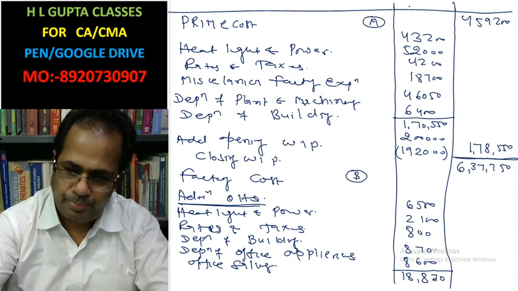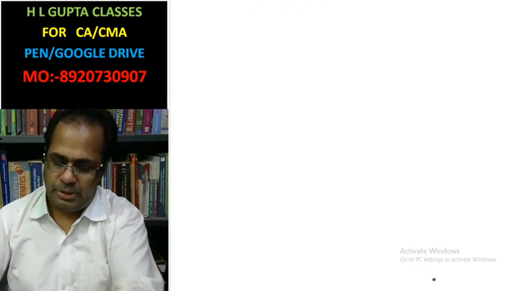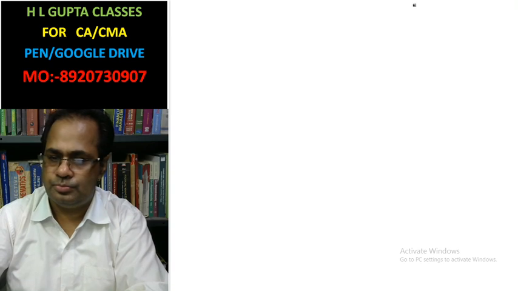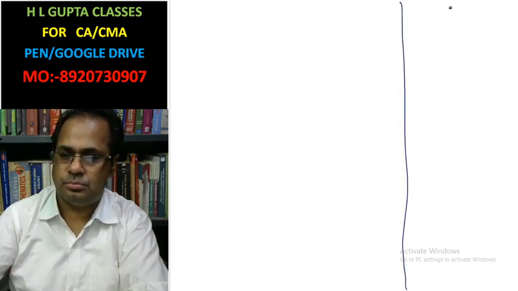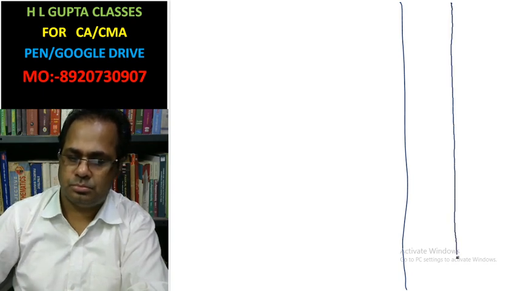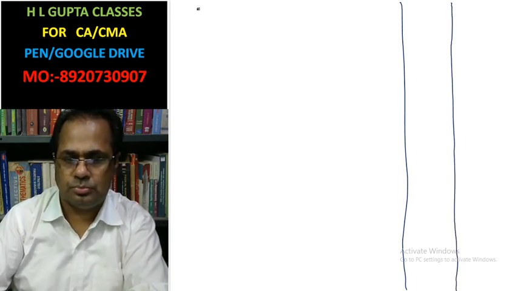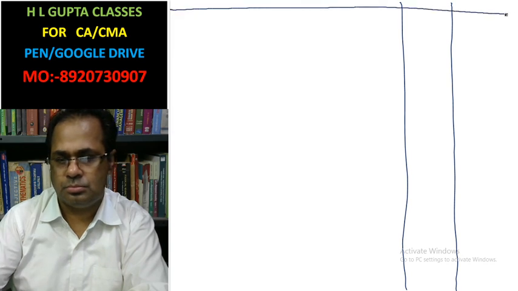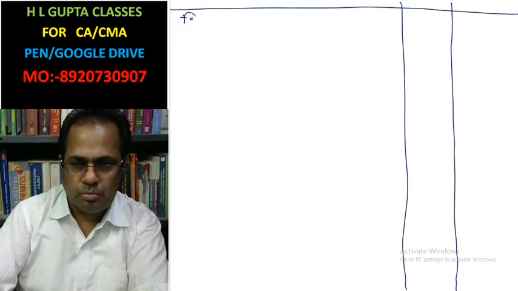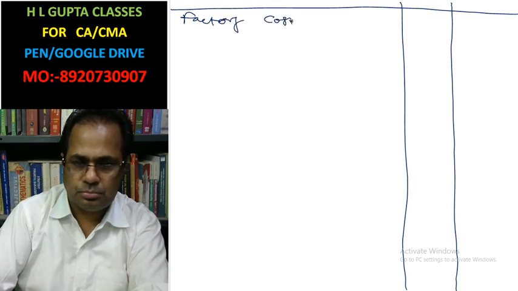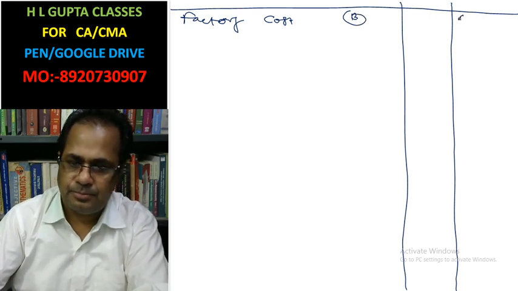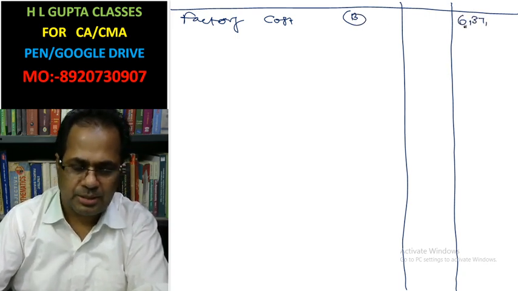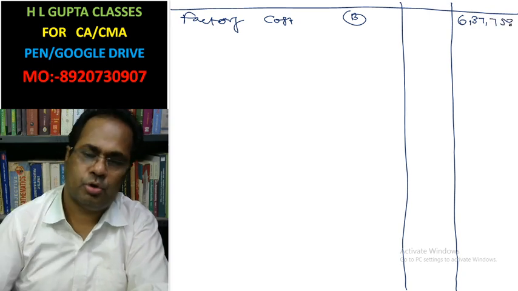18,870. Now here factory cost, that is part B, 6,37,750. Okay.